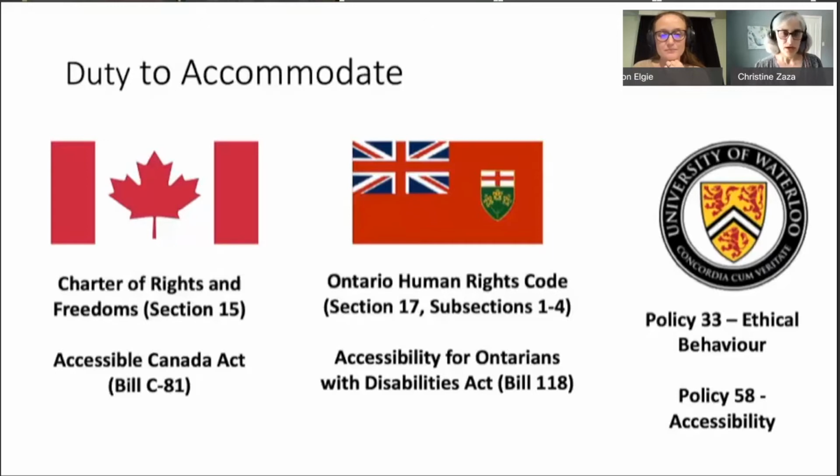That's one of the requirements of the AODA, which mandates that all post-secondary institutions and other organizations have an accessibility policy in place describing how they will uphold the AODA and the Ontario Human Rights Code. This is our own community's statement that we have a policy supporting the larger provincial and federal legislation.